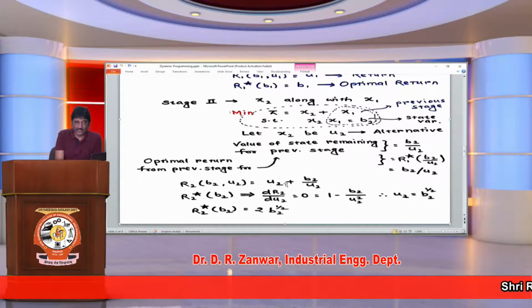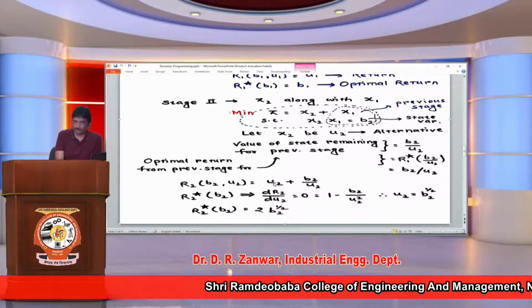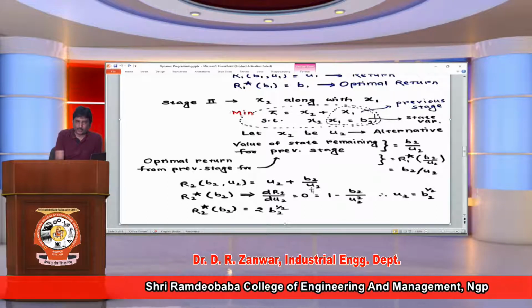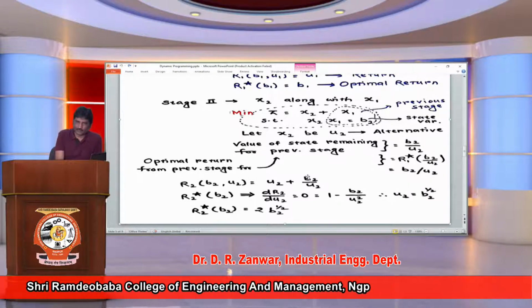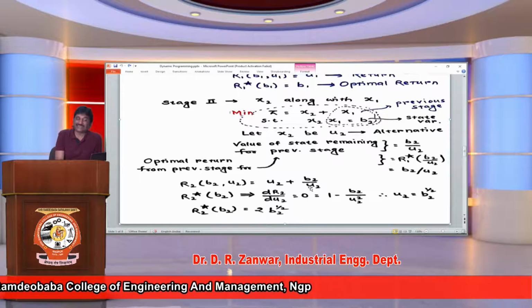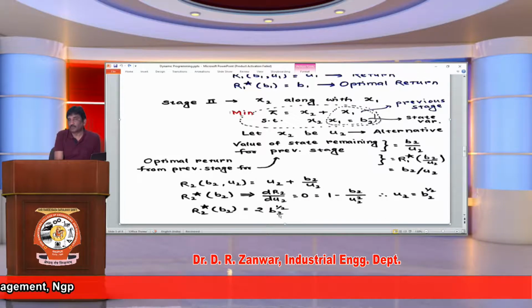By putting this value in, we get r2 star of b2 as twice the square root of b2, because u2 is square root of b2 and b2 by u2 is again square root of b2. So b2 by square root of b2 is square root of b2. So this r2 optimal for b2 is twice the square root of b2.